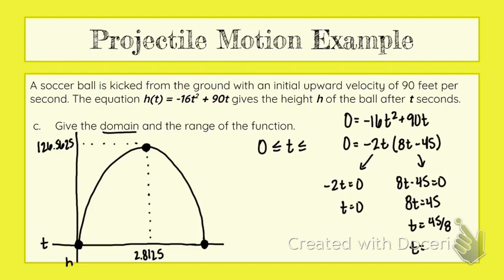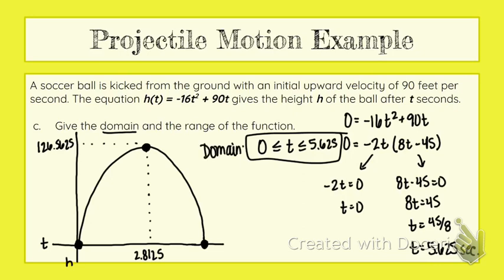And so we're going to get t equals 5.625 seconds. And that is the time that it takes the ball to hit the ground again. And so our domain only goes up to 5.625.